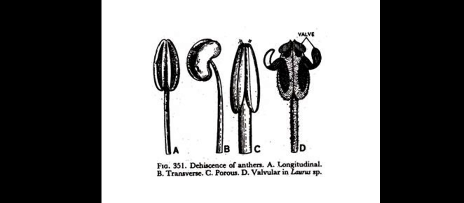It is along the suture, which is transverse. In porous, that is C, we can see it is not along the axis but at the side. So it is porous. And lastly, the valvular, which is found in Laurus. So these are the four different types of dehiscence of anthers.